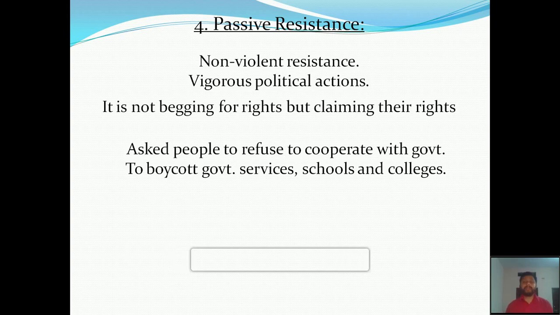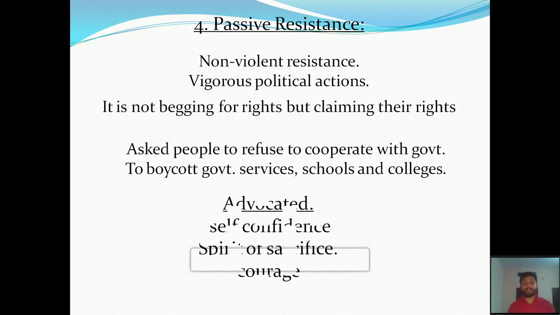In order to achieve these aims, they introduced three different methods or ideologies. They advocated self-confidence, spirit of sacrifice and courage. Whoever was very weak, they encouraged with self-confidence.